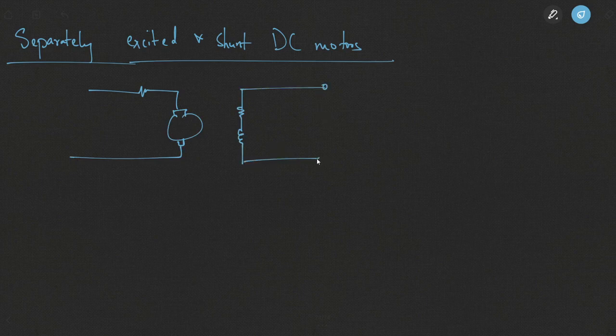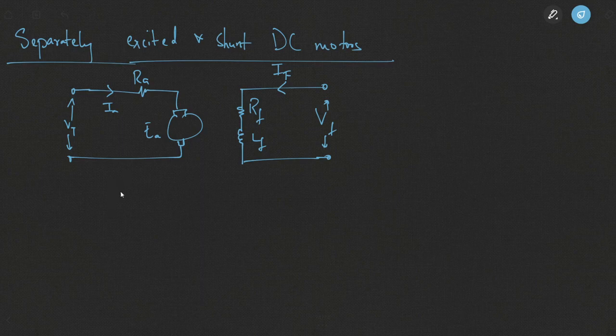This will be the equivalent circuit of a separately excited DC motor. So this is your separately excited DC motor.